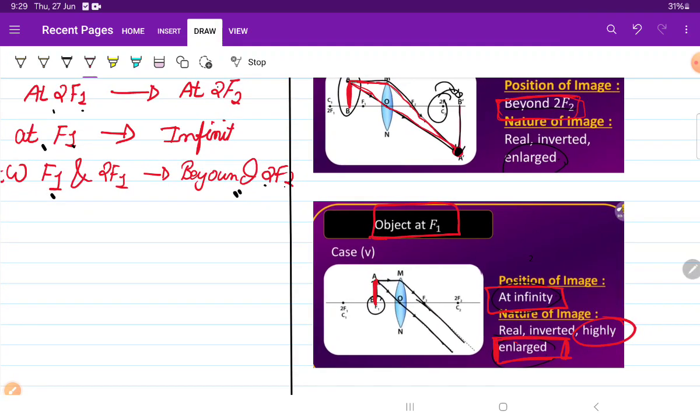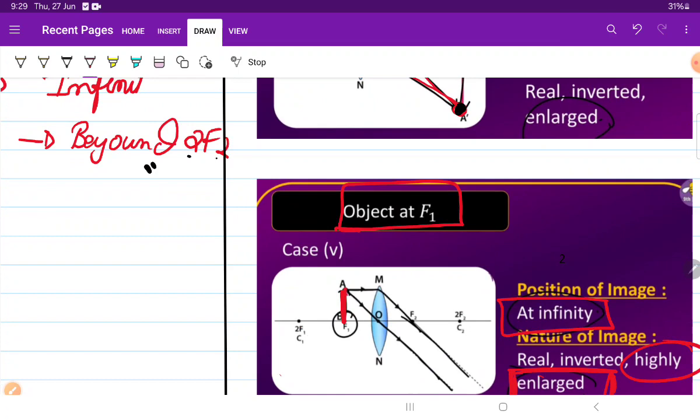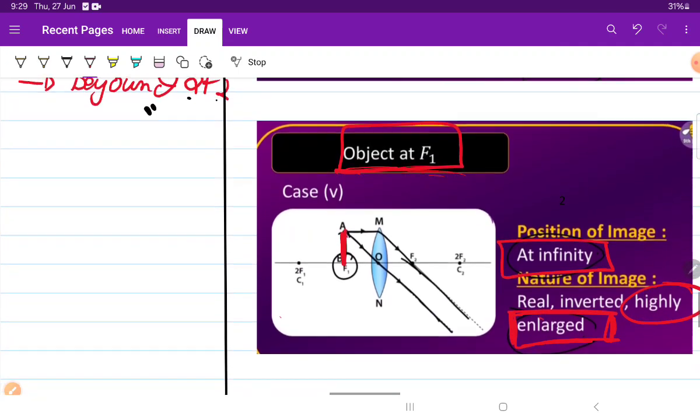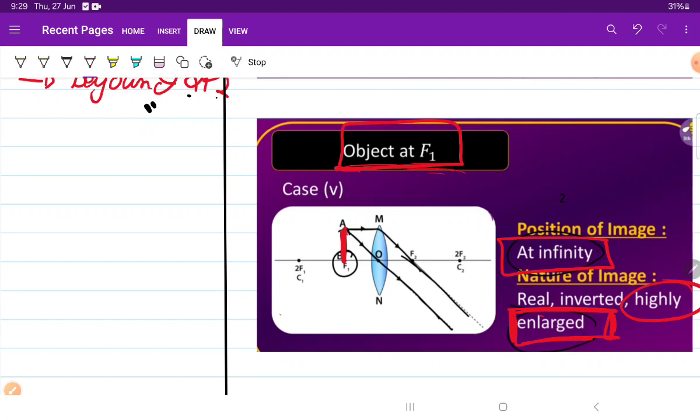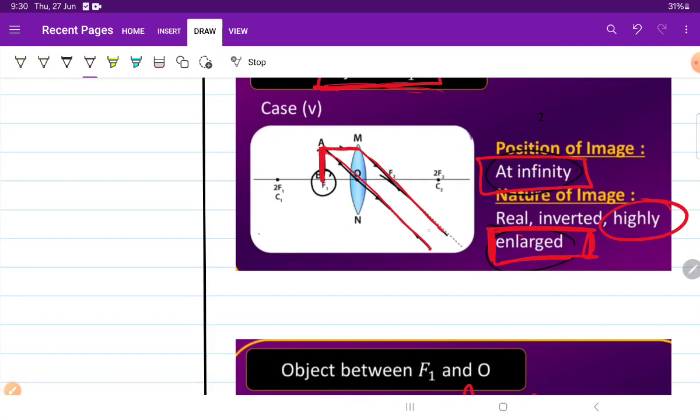Okay students, now let's see the fifth case. In the fifth case, we put our object at f1. The first ray parallel to the principal axis passes through f2. The second ray passes through the optic center. They are not meeting at any point because they are parallel.